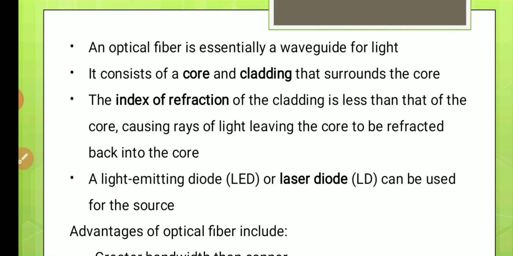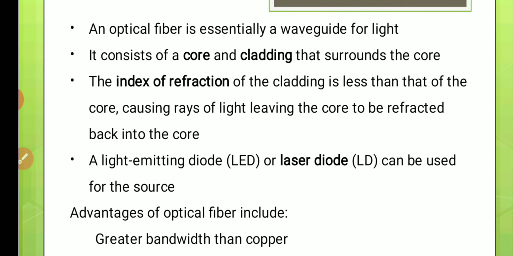The speed of light in vacuum is 3 into 10 raised to 8 meters per second, so in case of vacuum the answer is equal to 1, in case of air it is 1.0003, water is 1.33, and so on.